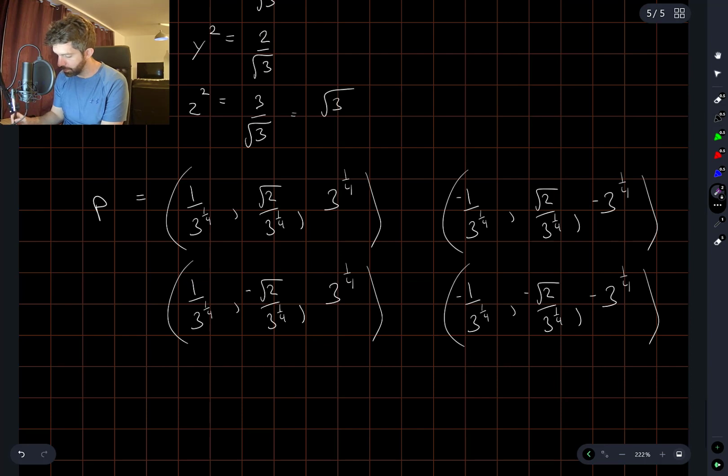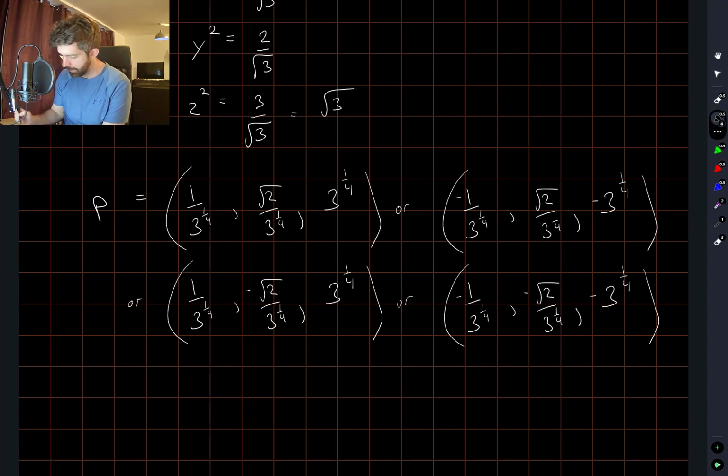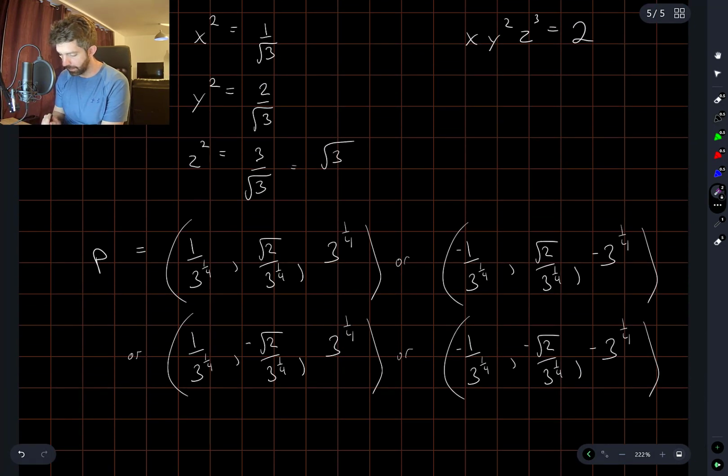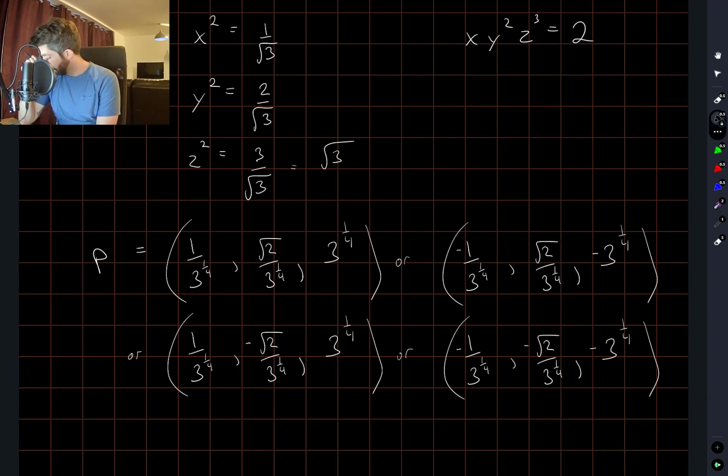So I have all possible combinations here that might work and keep the product the same in the constraint. So they can all be positive, or only y can be negative and the others positive, or switch it up. x and z can be negative and y positive, or all three can be negative. Yeah, I think this will work.